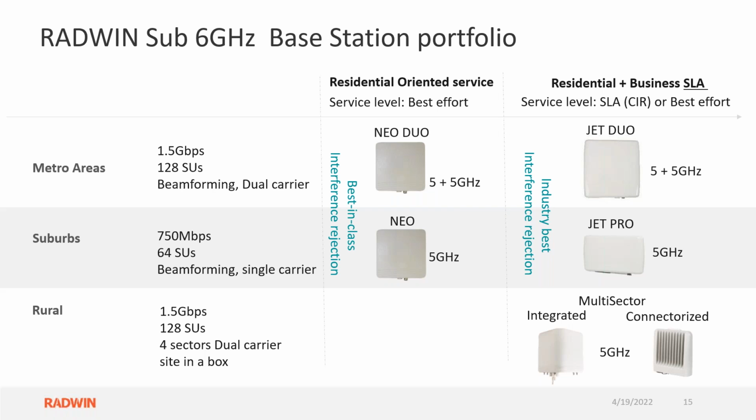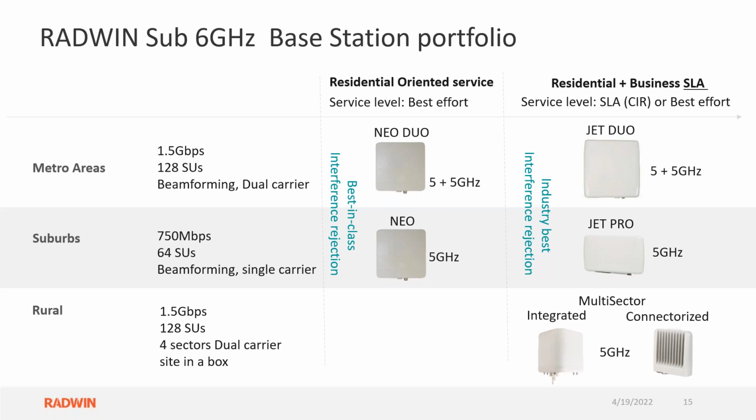What will happen is the SU, the subscriber, and the AP will switch those subscribers over to the 5.8 side. All right, so they don't lose their capability. Now, once that interference gets mitigated or goes away, they'll flip back over again. A lot of times they won't even know they flipped. So you've got that dual carrier capability. Put two of those together on a tower and you've got 1.5 gigabits of total capacity.